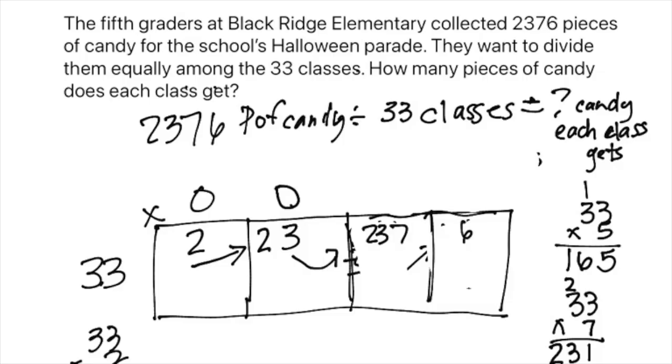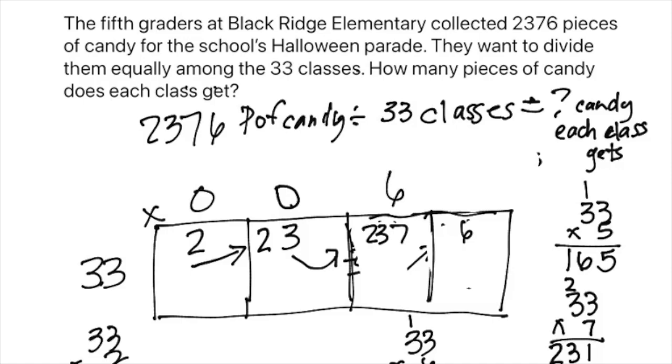So let's just say that I did 33 times 6. That's 18, carry the 1, 6 times 3 is 18, plus 1 is 198. Let's just say that I think that's going to be enough.